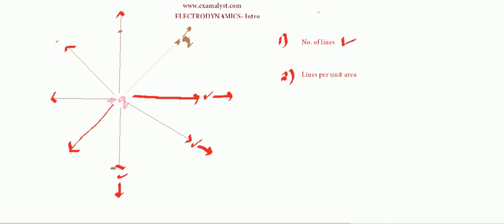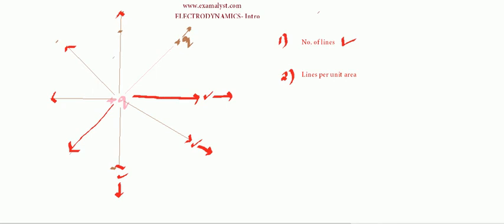So now I know that my charges give electric field lines radially outward. So what I plan is to use these lines to represent the strength of the force.